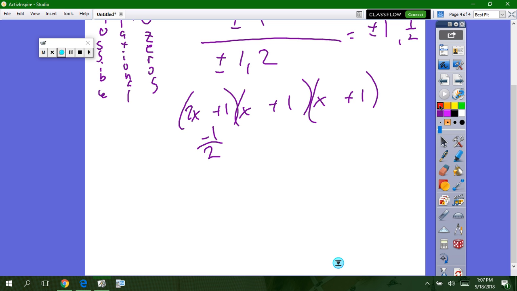Okay? Once again, it was 2x cubed plus 5x squared plus 4x minus 1. Let's start through the signs. How many positive zeros are there going to be? How do I tell the positive zeros?